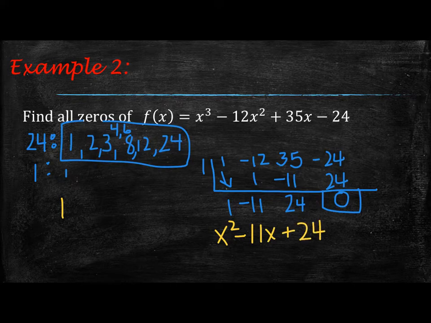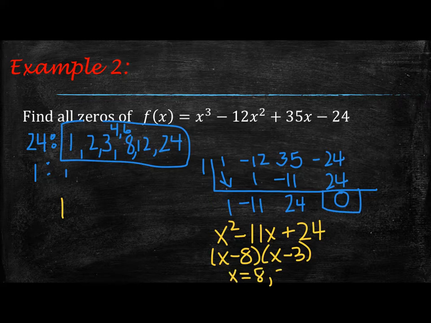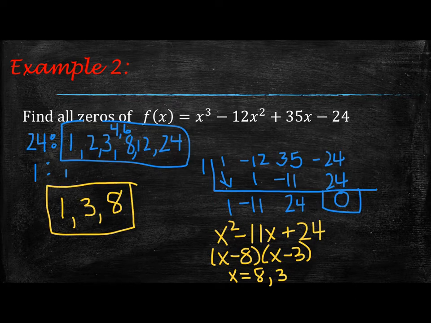And I recognize that that factors as x minus 8 times x minus 3, which after I set those equal to 0, then my x will be 8 and 3. So my other factors are positive 3 and positive 8. So that's all the zeros for this polynomial.